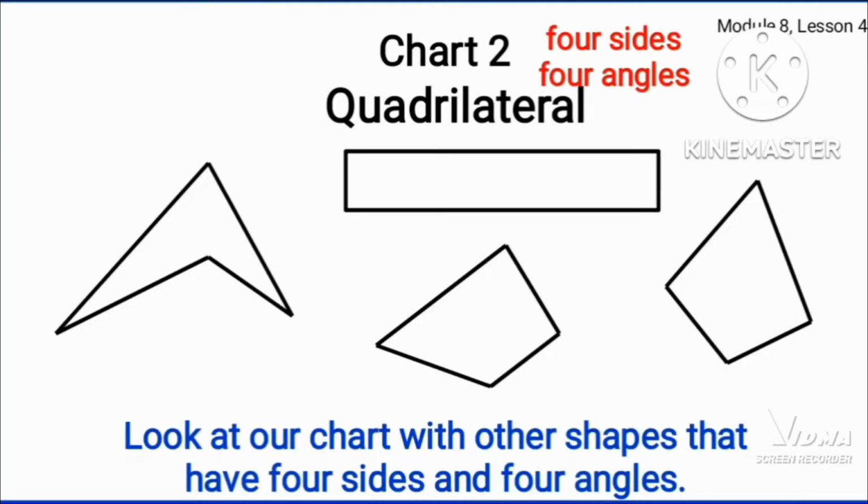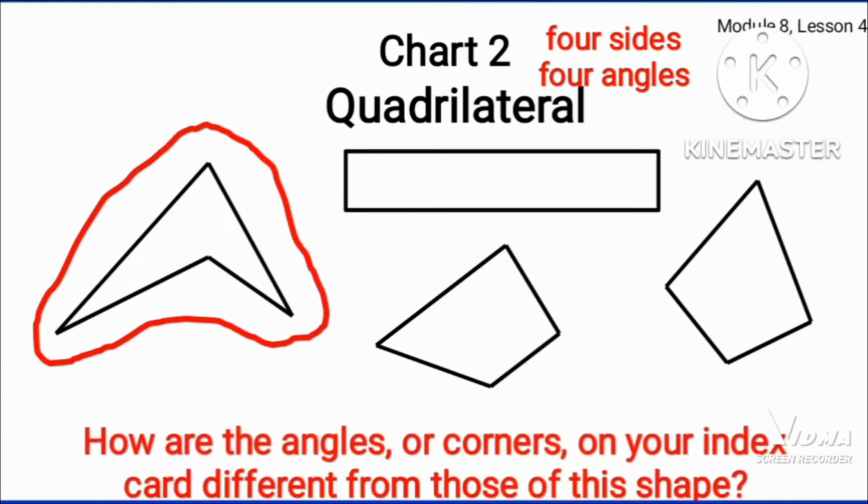Look at my chart. It has shapes that have 4 sides and 4 angles. They look very different, but they all have 4 sides, 4 angles. Now look at this particular, the first one.